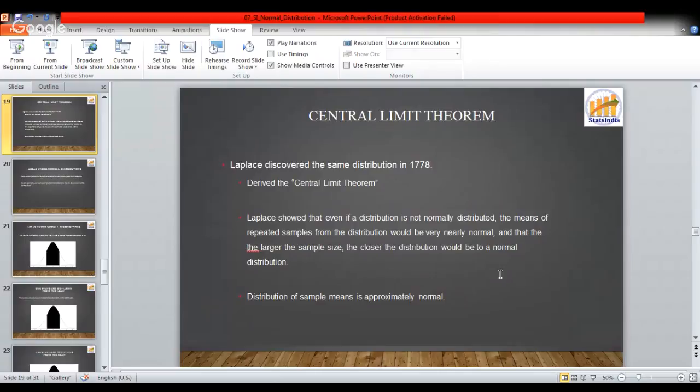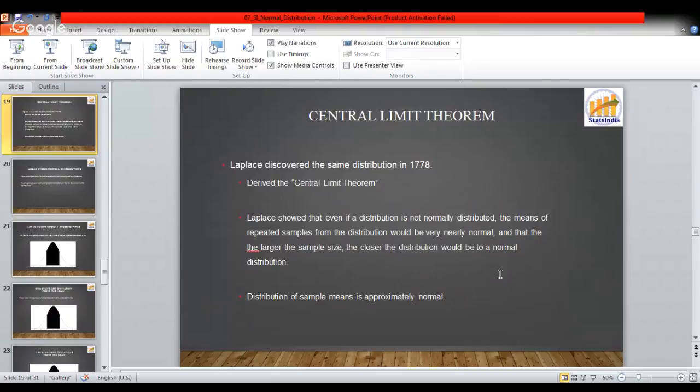So if the distribution is like this or any other which is not normal, and we take a sample of 5 students out of 100, and we take 10 such samples or 20 such samples randomly, and find the mean height of each sample.